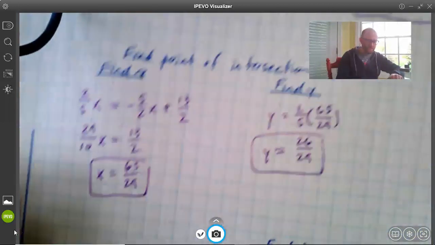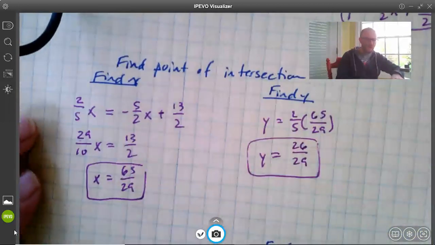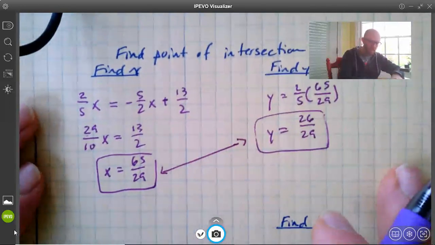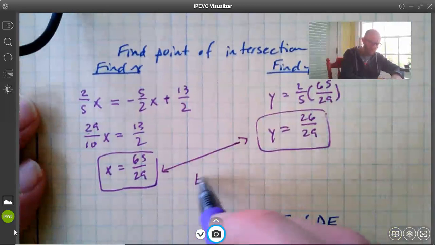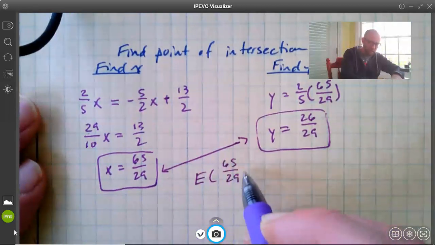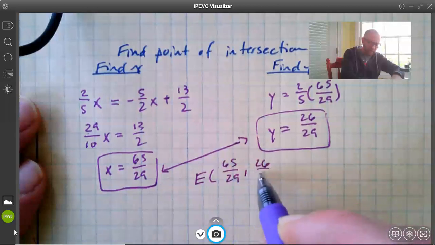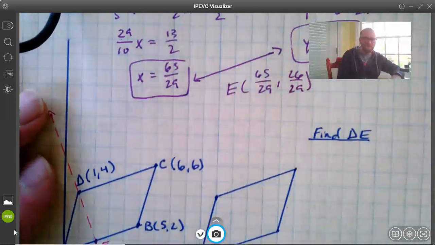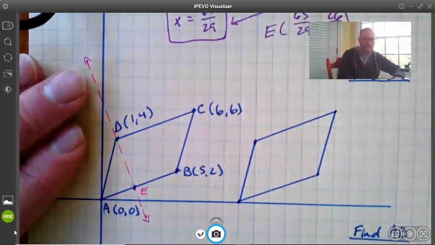Okay. So we now have the location of point E, which is 65 29ths, comma, 26 29ths. And that's the location of point E right here.